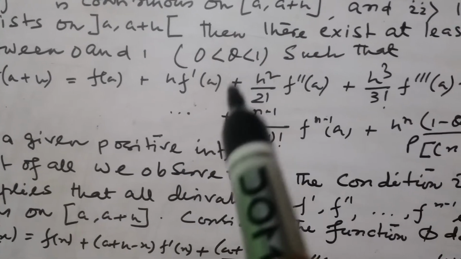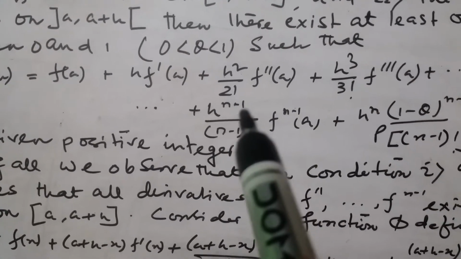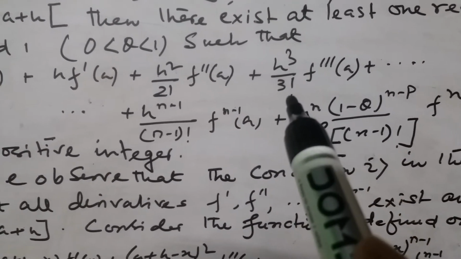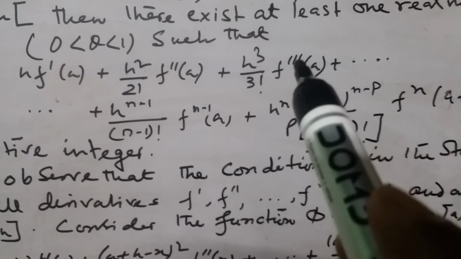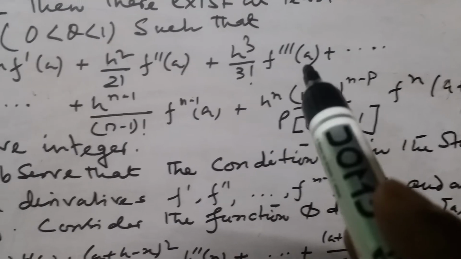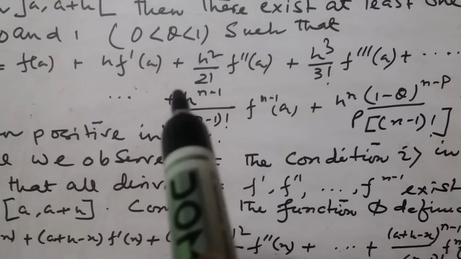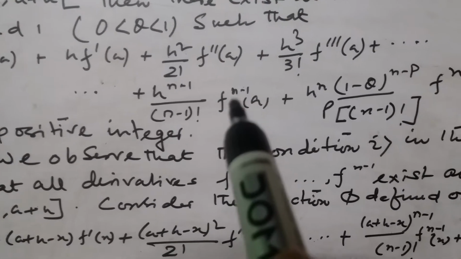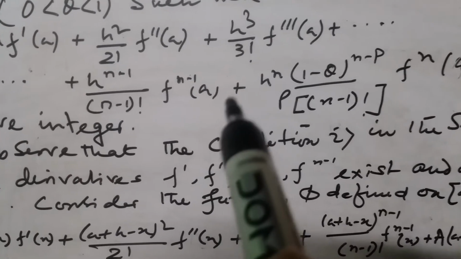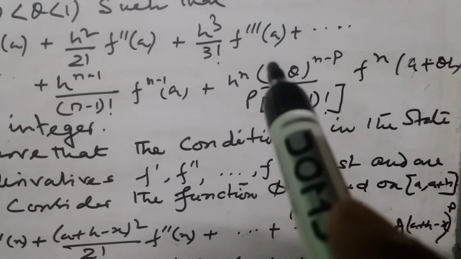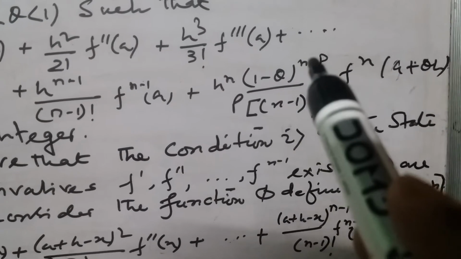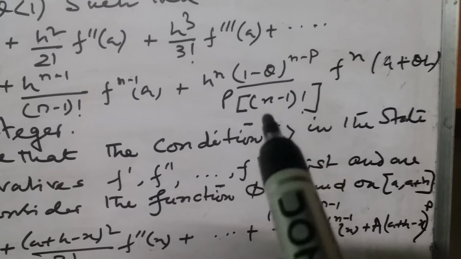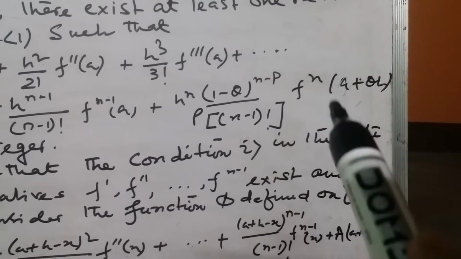plus h f'(a), plus h square by factorial 2 f''(a), plus h cube by factorial 3 f'''(a), and so on up to h to the power n minus 1 by factorial n minus 1 f^(n-1)(a), plus h to the power n (1 minus theta) to the power n minus p by p times factorial n minus 1 f^(n)(a plus theta h).